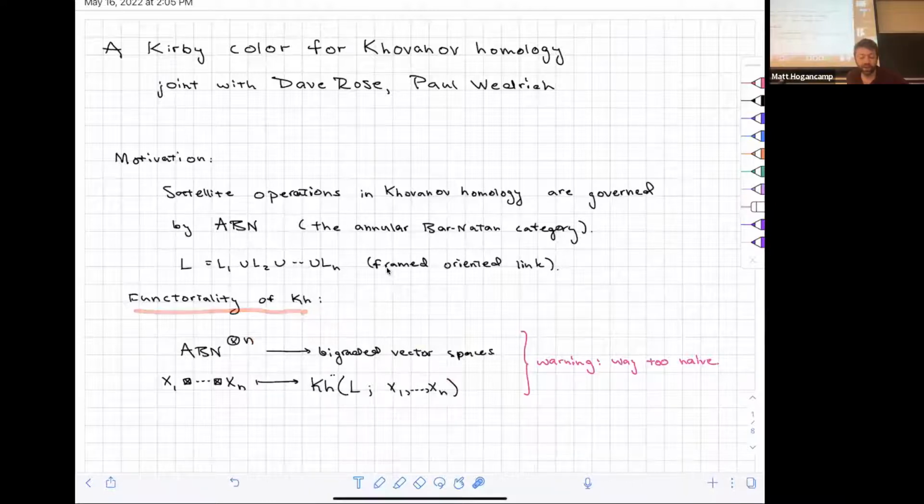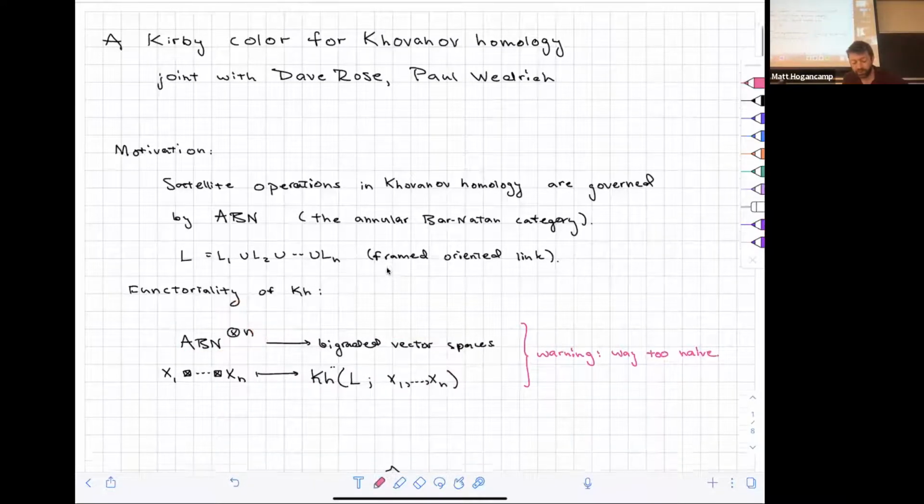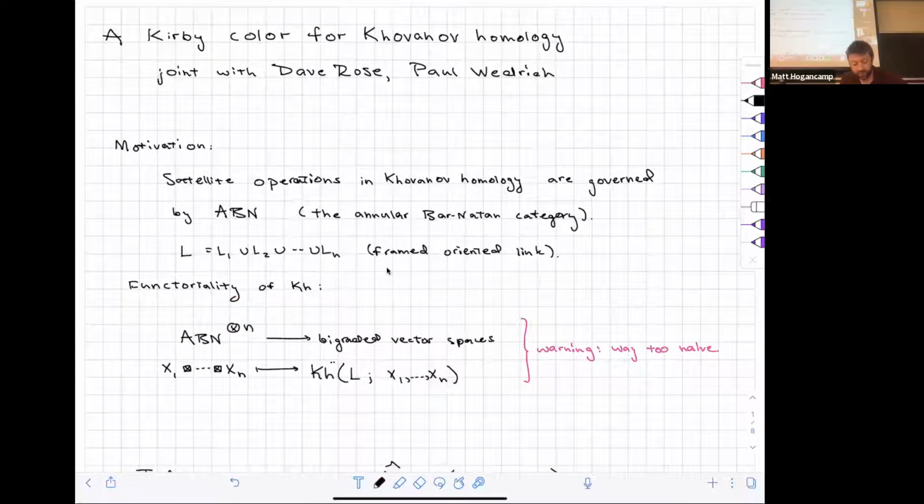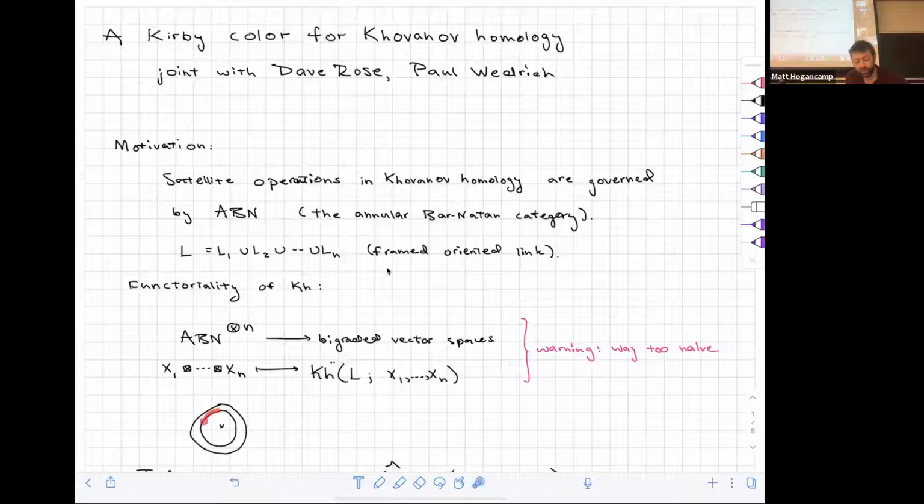But if we had something which was like a chain complex in the annular Bar-Natan category, for example, we might take the object representing, since objects of the annular Bar-Natan category represent ways that we may cable our knot. Instead of considering these trivial ways of cabling, we may consider slightly more interesting ways of cabling.